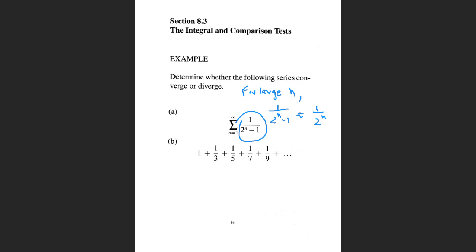So this might make us think to use a comparison test with the series sum from n equals 1 to infinity of 1 over 2 to the nth power. Now let's try it.